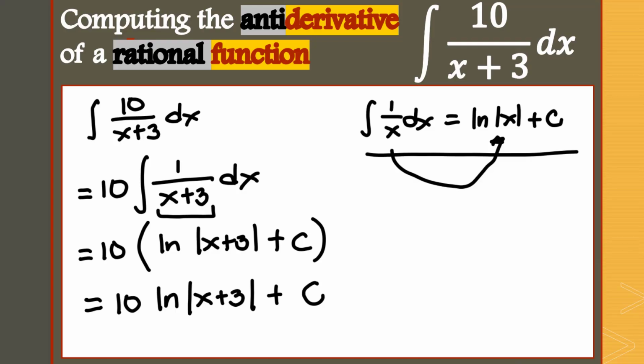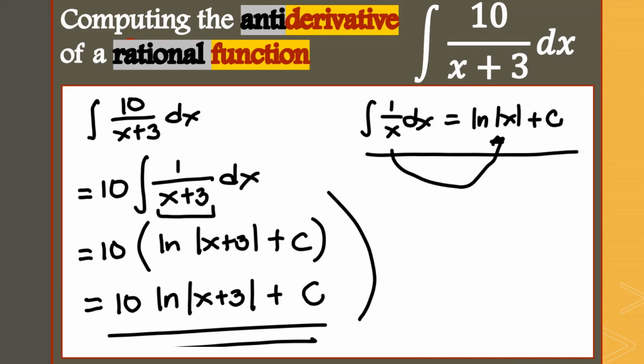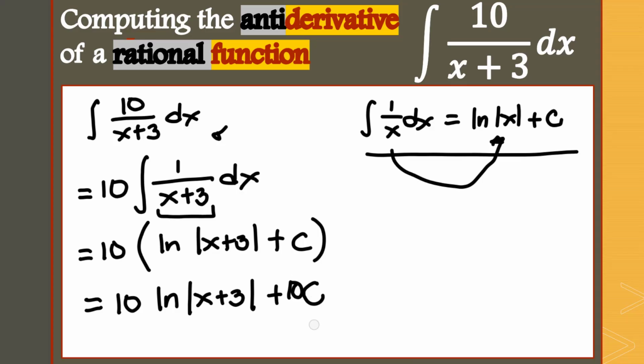Nevertheless, if you would like to check this by deriving with respect to x, 10c or c or any constant multiple of c would become 0, so that would be removed in that specific context. So basically, let's simply have that plus c.